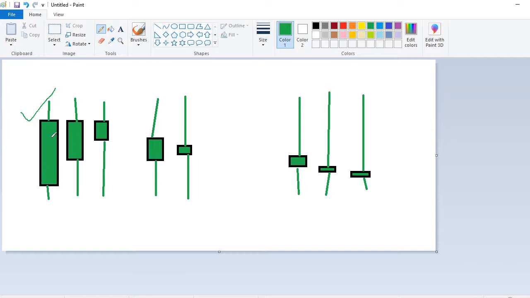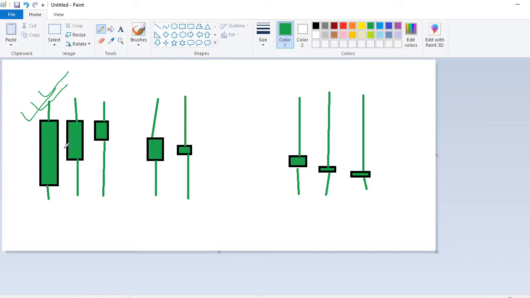As we discussed, the body is very big compared to all, and the wicks are small, not even half of the body. So we can consider this as a bullish candle, and we can tell that there is buying pressure. So it's a clear trend.